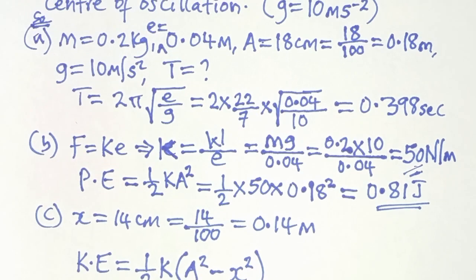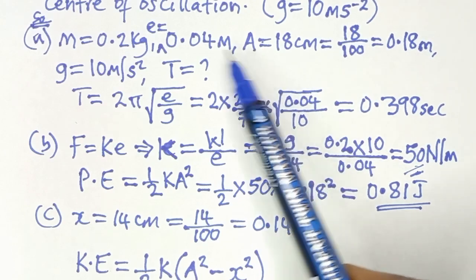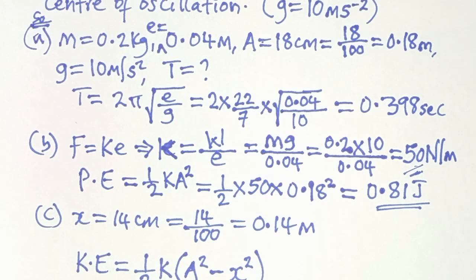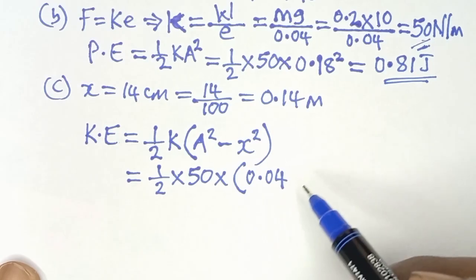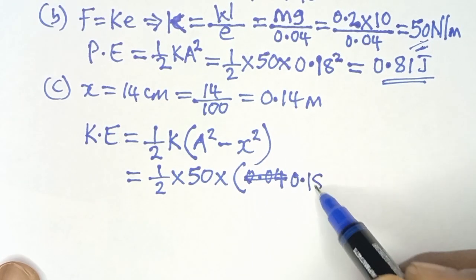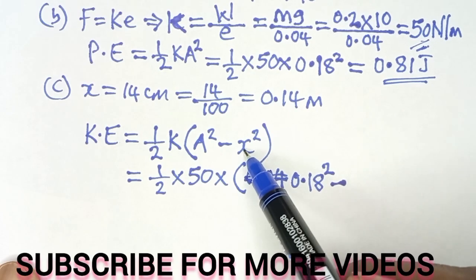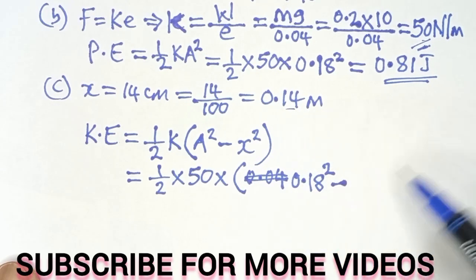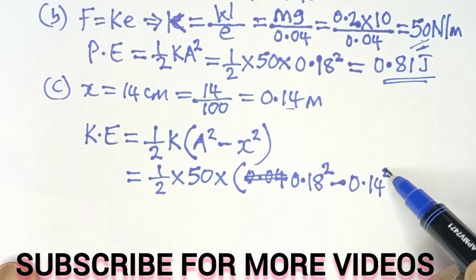Sorry for that mistake. The amplitude is 0.18. See it here. Is the extension at 0.04. The amplitude is 0.18 meter. So let's correct that. The amplitude is, let me write it, 0.18, and I'm going to square it and then minus the value of x. And the value of x is 0.14 meter. So 0.14 meter square.